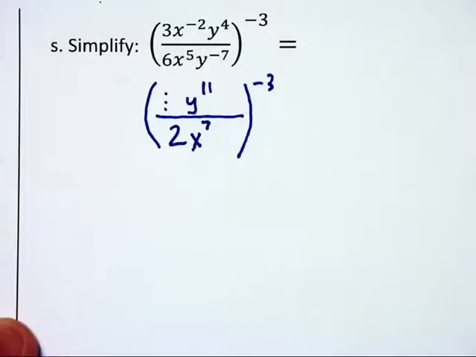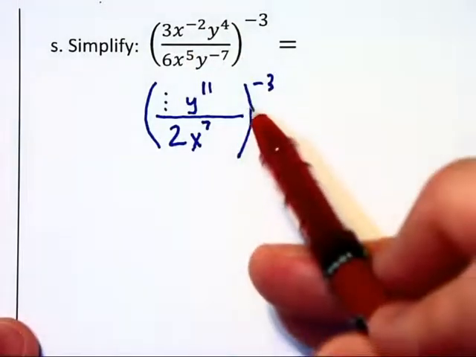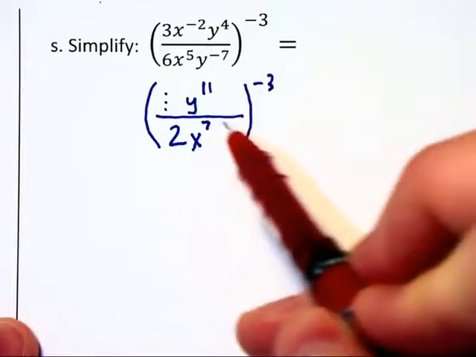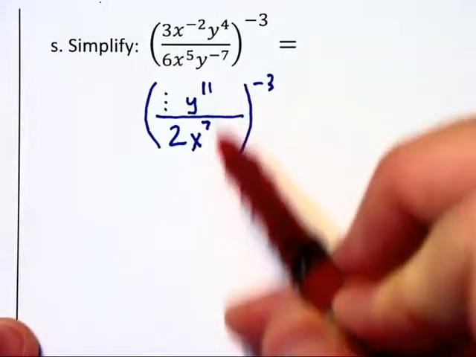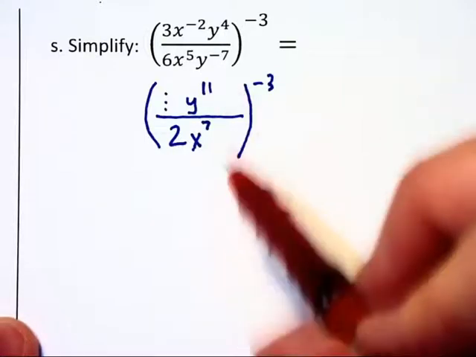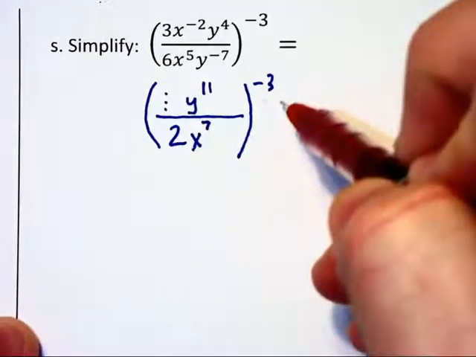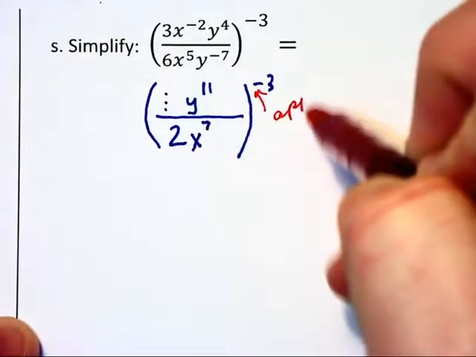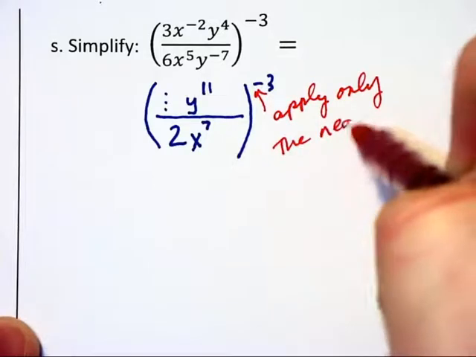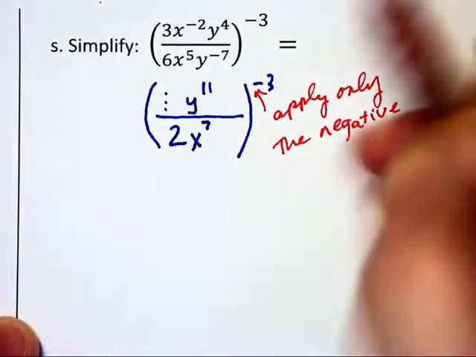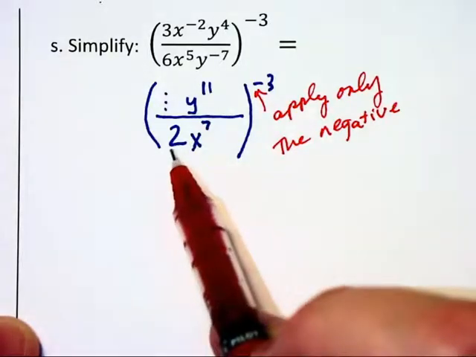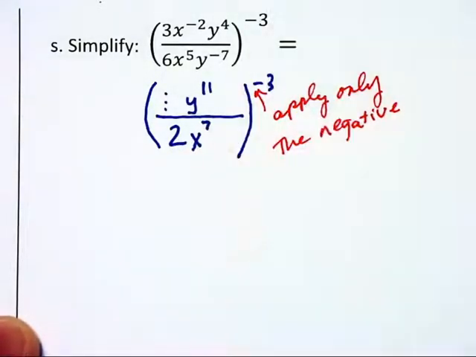Okay, this is where I'm not necessarily going to apply the negative 3 power to each thing inside. Because basically, when each thing inside gets that negative exponent, each thing inside is going to get the ability to move up the stairs or downstairs. So I'm going to apply only the negative here. And applying the negative to each thing inside makes that y to the negative 11th, which moves it down, and 2 to the negative 1st, x to the minus 7th, which move those up.